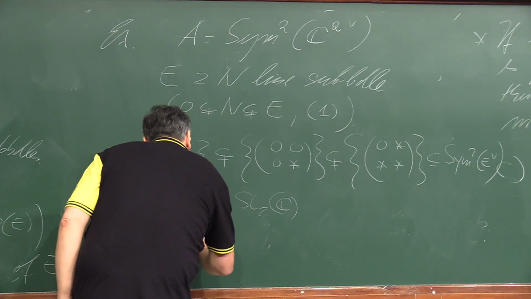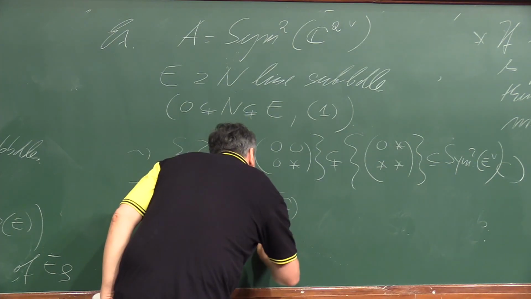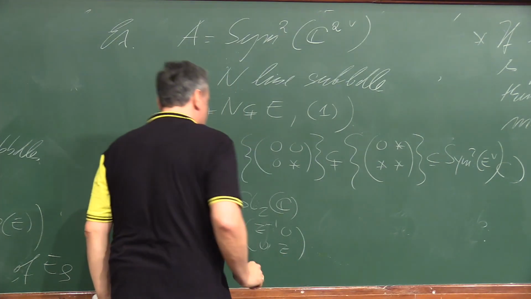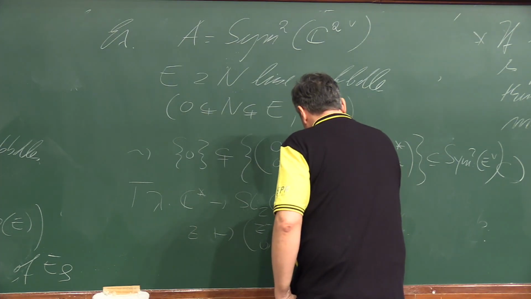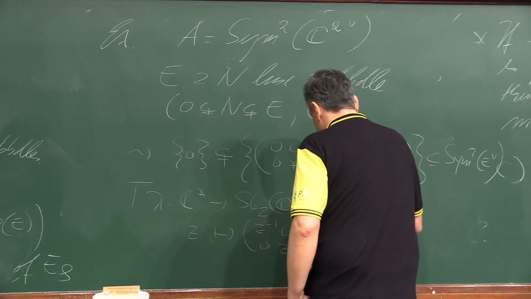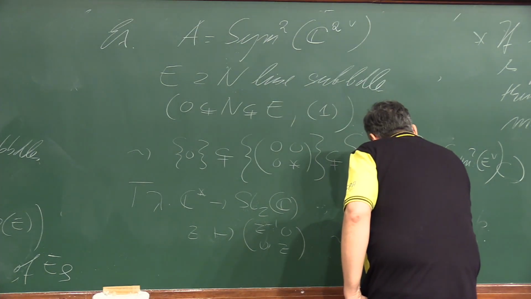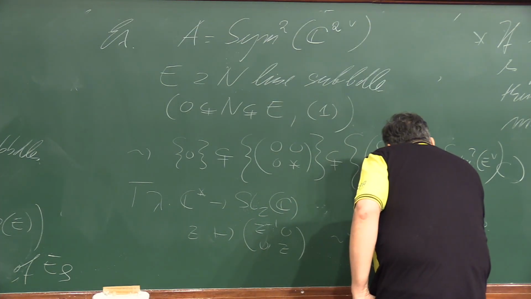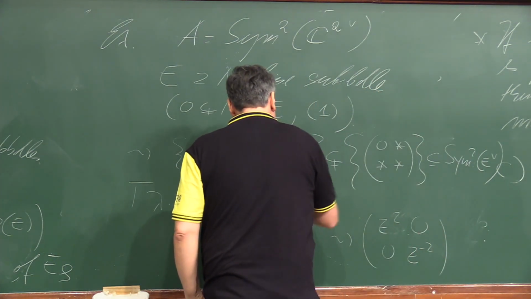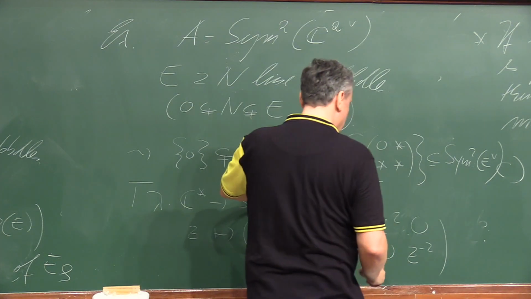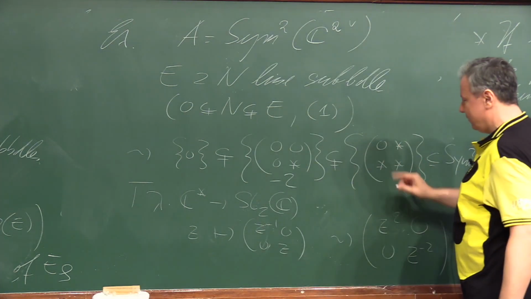So z goes to z to the minus 1, and then you compose it. I will not write it down, but because I take the dual, you get these. Here you have the weight -2, because here you have only -2. Off diagonal, you have weight 0.